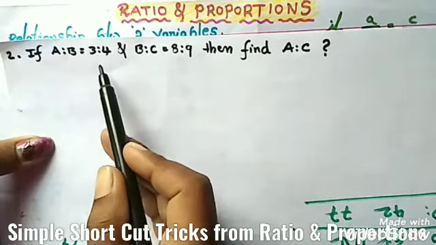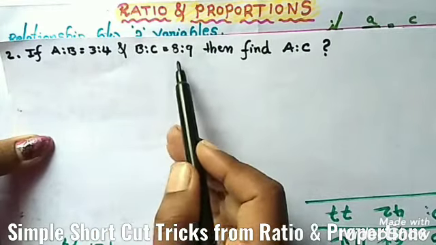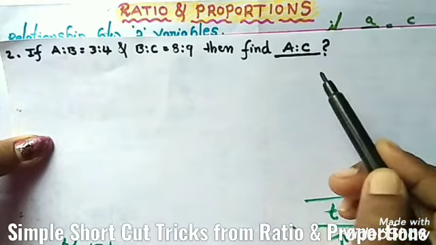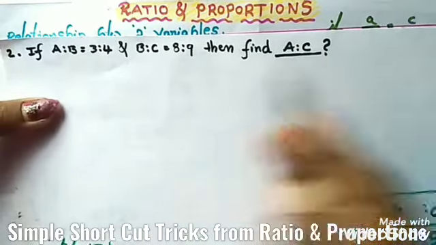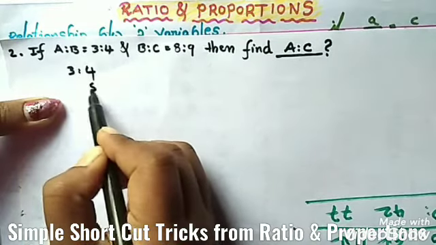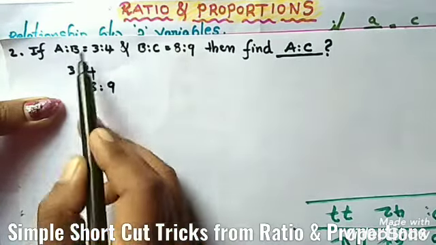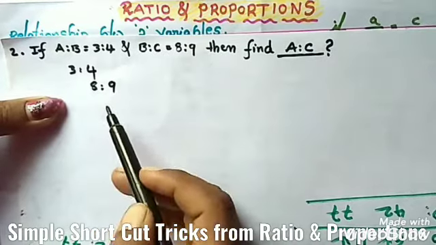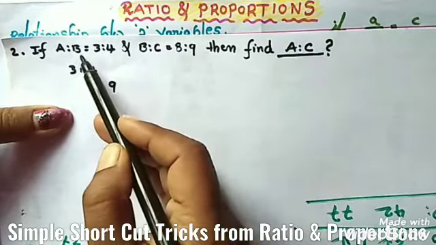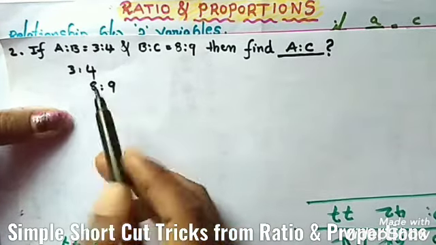Let us see example number 2. If A is to B is equal to 3 is to 4 and B is to C is equal to 8 is to 9, then find A is to C. Here you can ignore B. Now you should write just simply 3 is to 4, 8 is to 9. That is A is to B and B is to C. Just you can observe, students, here how I am writing. Just below this 4, below the B place, again B you have to write.